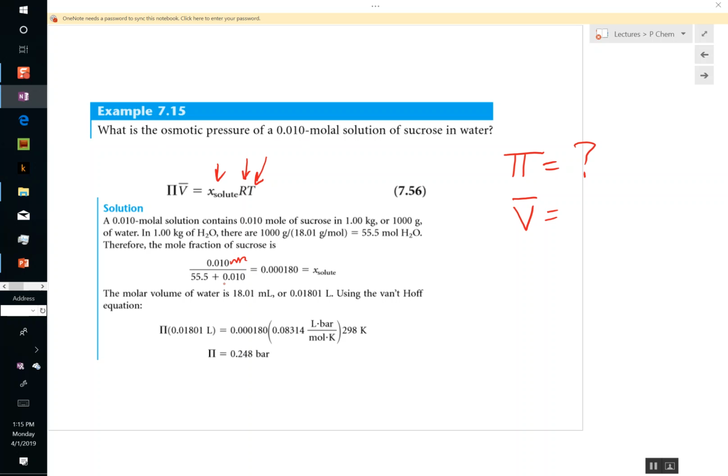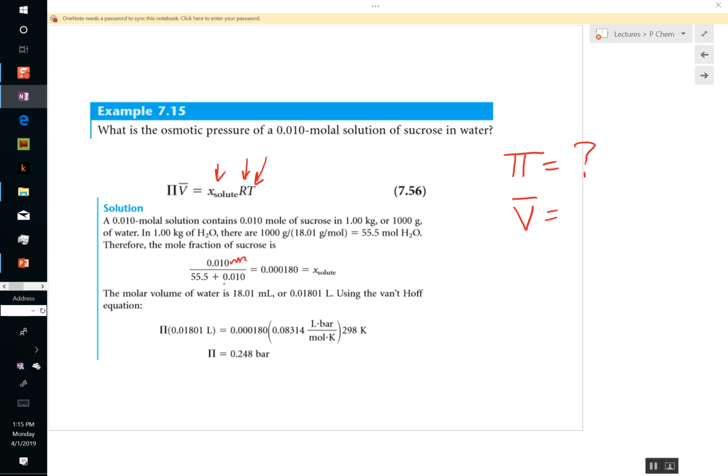So, the molar volume of the solution, we're just assuming at such a low mole fraction of solute, we're just taking pure water. What is the molar volume of the solution? 0.01801 liters.